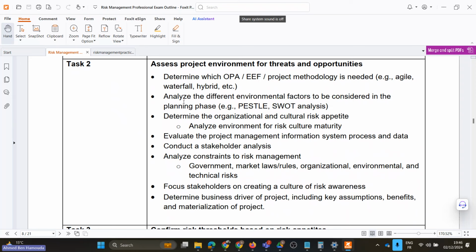These are tools which will help us to consider the different factors, because PMI, especially in recent years, is diversifying the nature of the projects which are considered in these certifications.